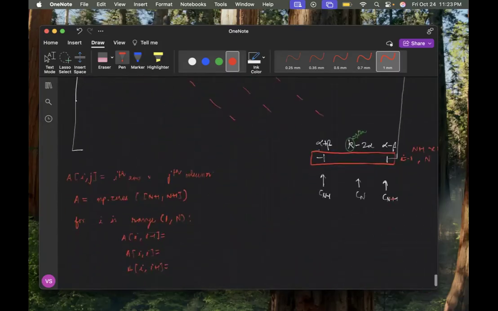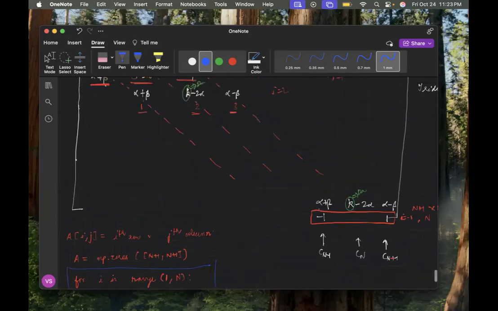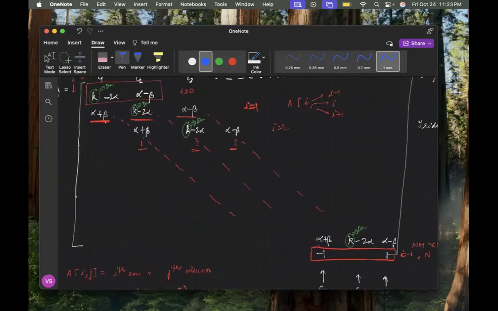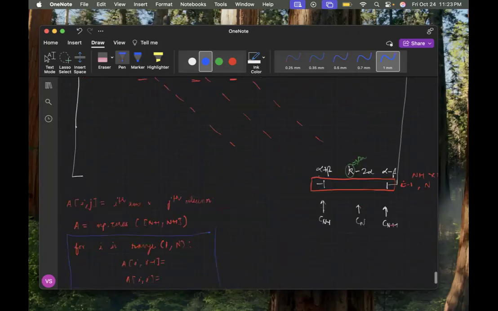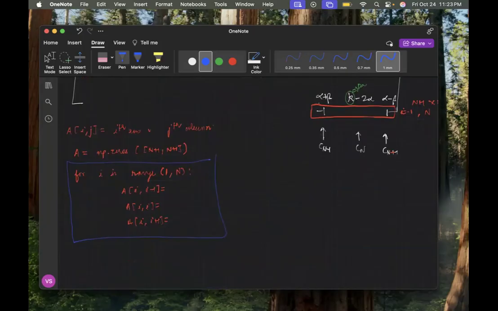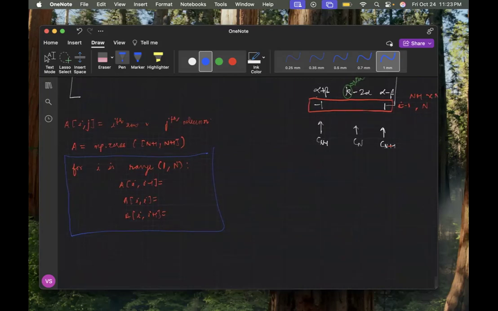Because of that, you can very easily say that this code holds for every case. Just the values, the alpha plus beta, alpha minus beta, whatever, these values could change, but the general way of formulating the A matrix without the boundaries is this. So this is the procedure you would always follow to formulate the A matrix.